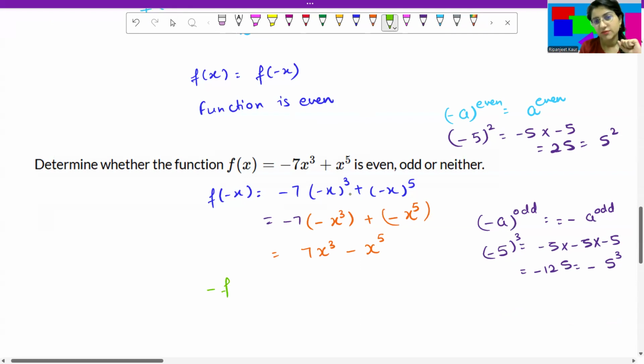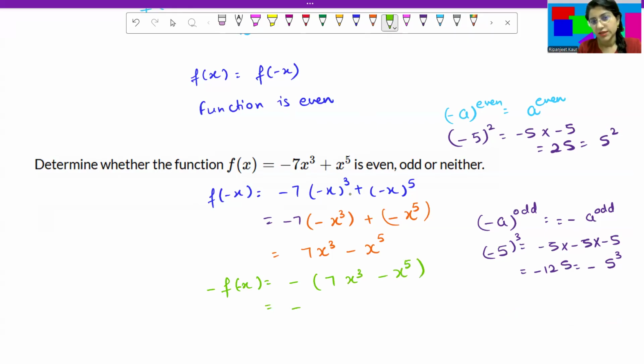That means if we take a negative of f of x, so negative outside, 7x cubed plus x raised to power 5. This becomes a negative 7x raised to power 3 plus x raised to power 5, because whenever the negative symbol goes inside, it just changes the signs.